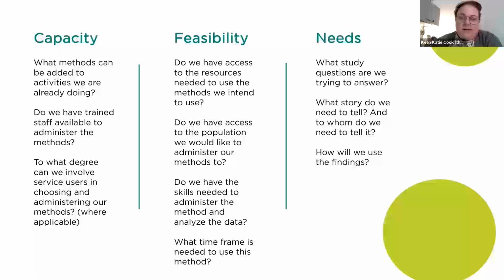Answering these questions will help facilitate how we collect that data, how we ask for people's stories, and how we report or analyze those. And then finally, how will you disseminate your findings, or how will you use your findings?